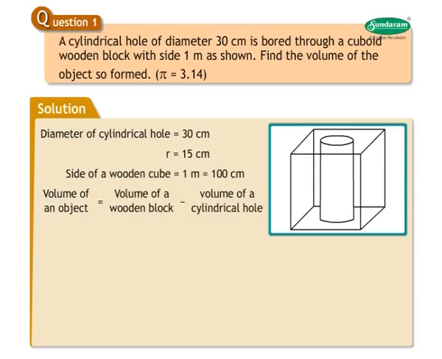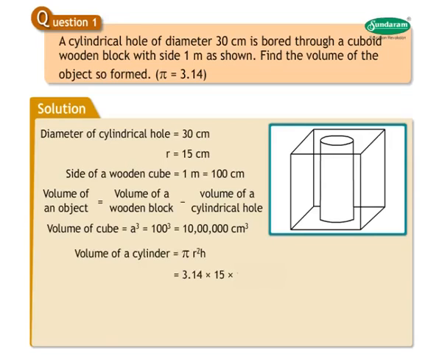Volume of object is equal to volume of wooden block minus volume of cylindrical hole. Volume of cube is equal to a cube, which is equal to 100 cube, which is equal to 10 lakh cubic centimeters. Volume of cylinder is equal to pi r square h, which is 3.14 into 15 into 15 into 100.